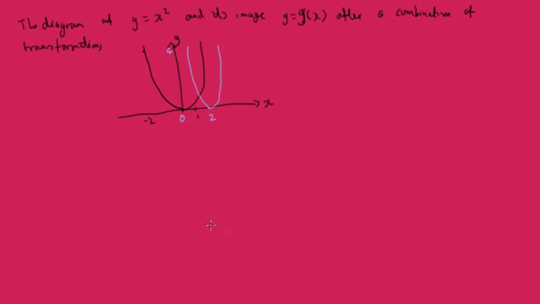So what we want to find is two different ways of describing the combination of transformations.